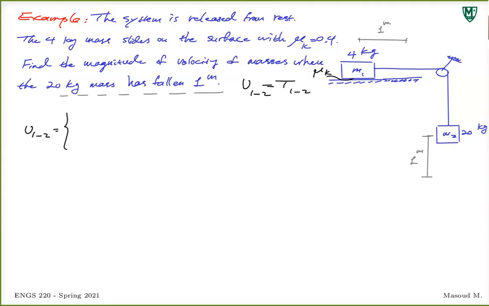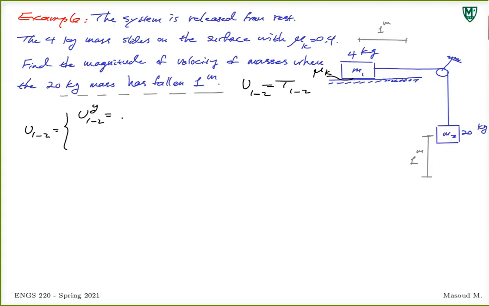Now, the top one, mass 1, the height doesn't change, so no work done by gravity on that one. The bottom one, the height changes 1 meter. It's going down, right? So some work done by gravity because we see change in height. So U from 1 to 2 gravity would be, oh, mass 1 doesn't give us anything.